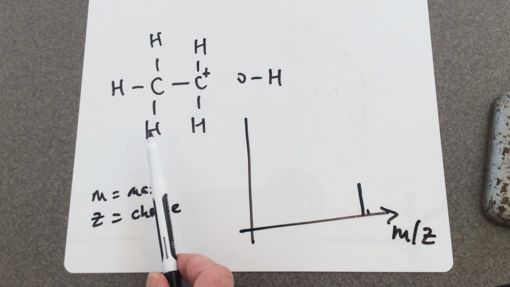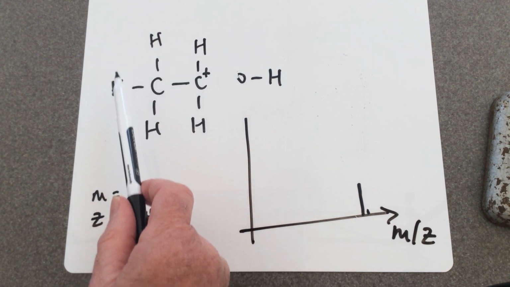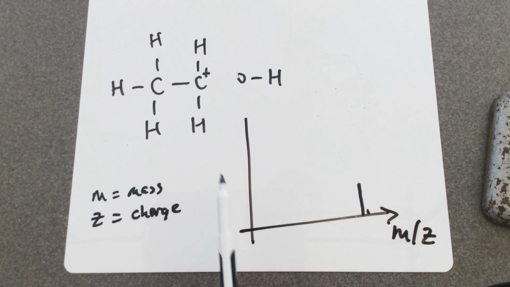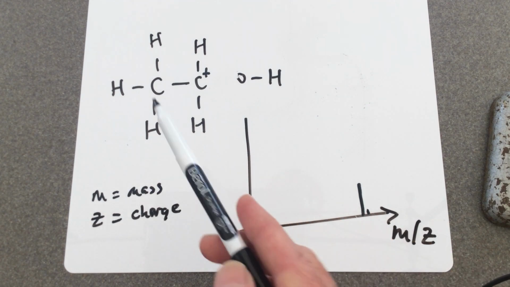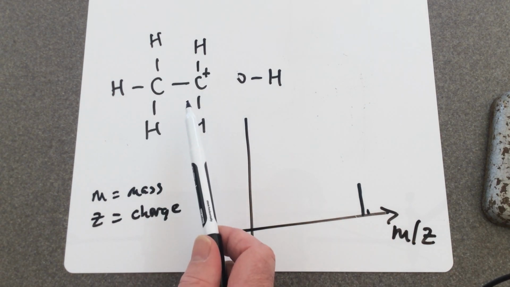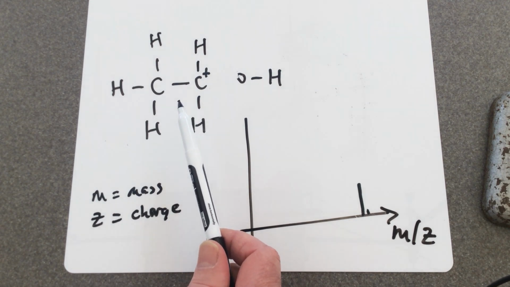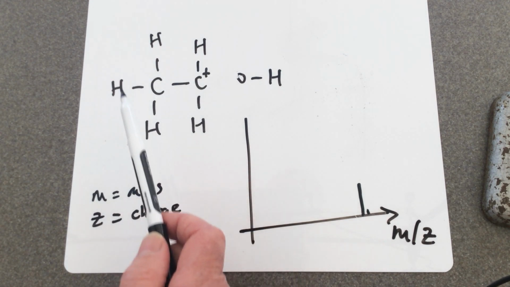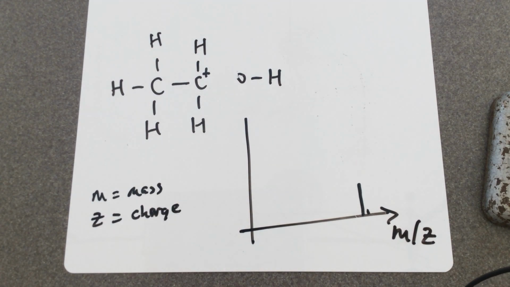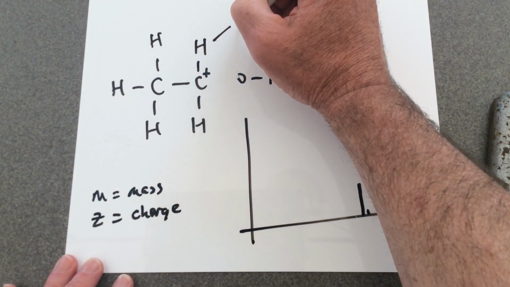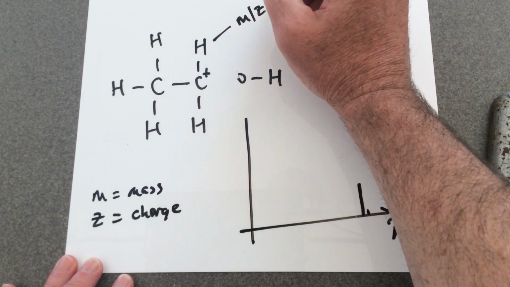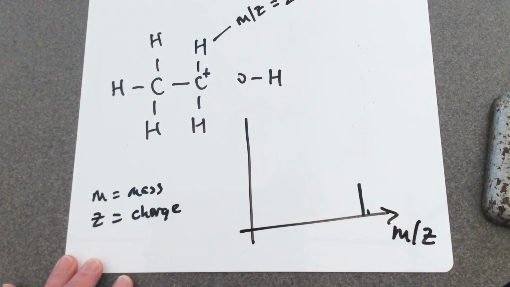What would the mass of this ion be? And where would I expect to see it along this axis? Well, clearly, I've got two carbons. Each carbon has a mass of 12, and 5 hydrogens. So this is going to have an M/Z value of 29.